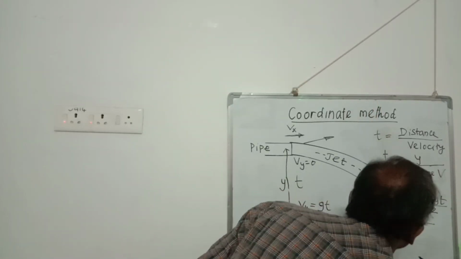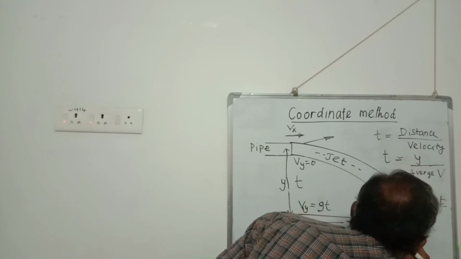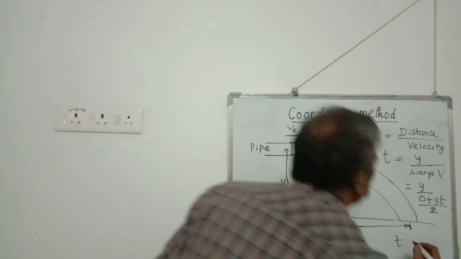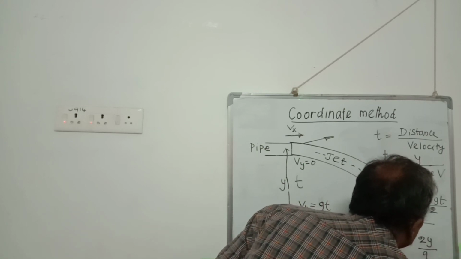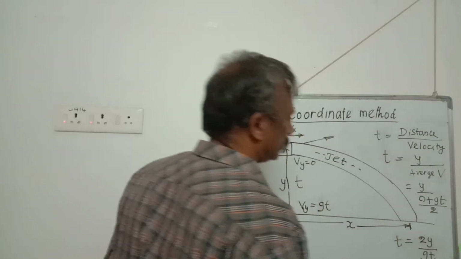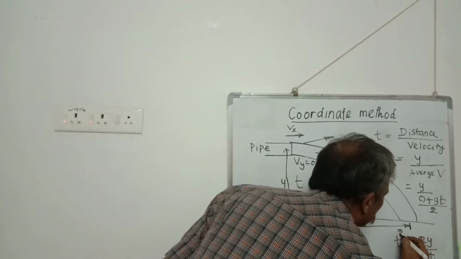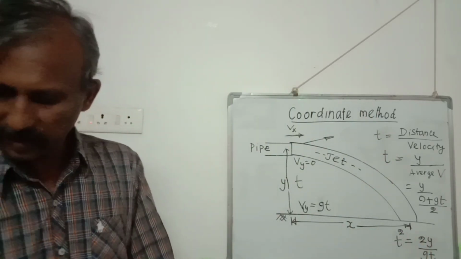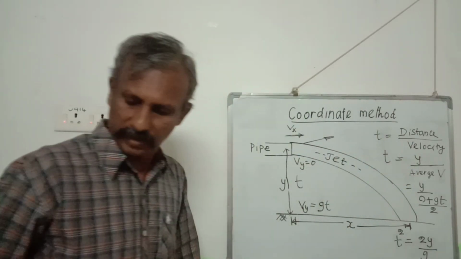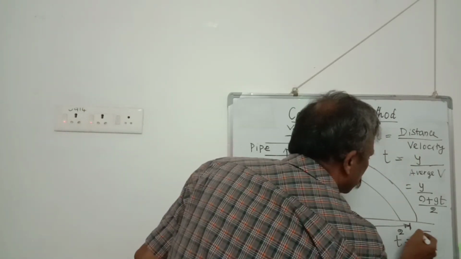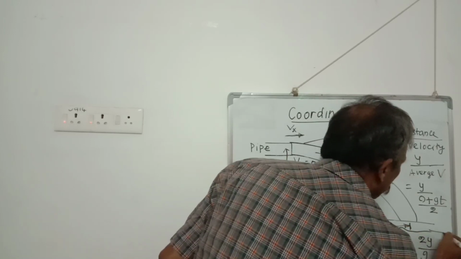After all, this gives t squared is equal to 2y by g. So this is one equation we have derived.